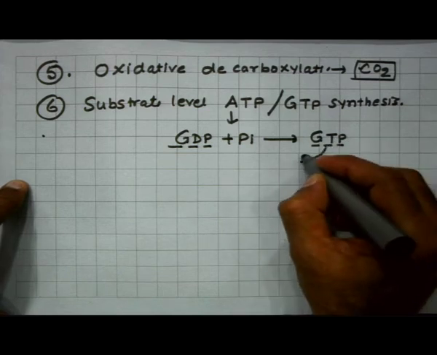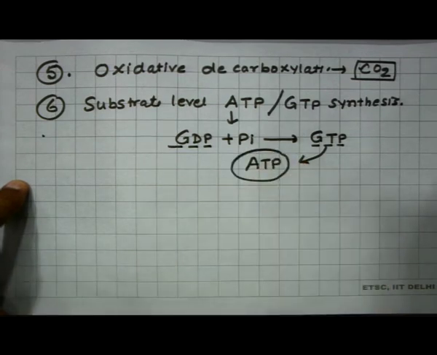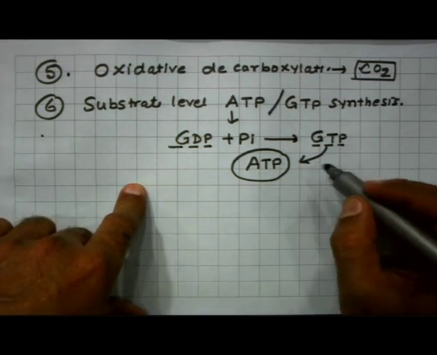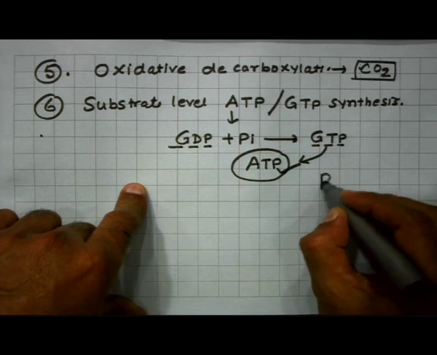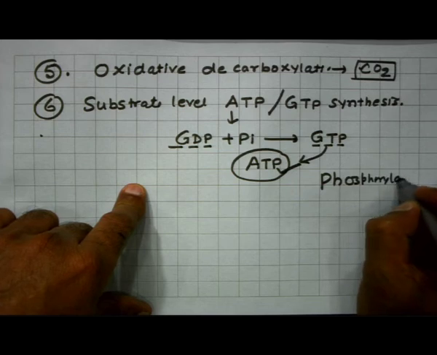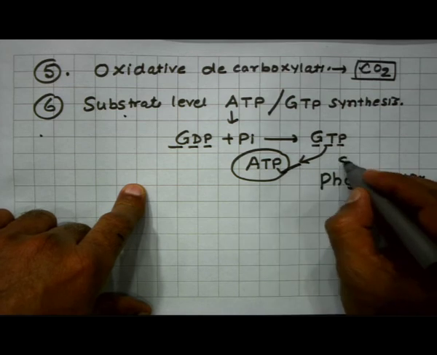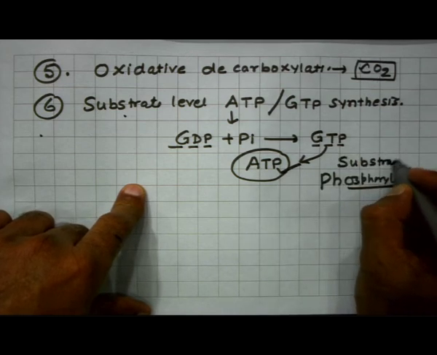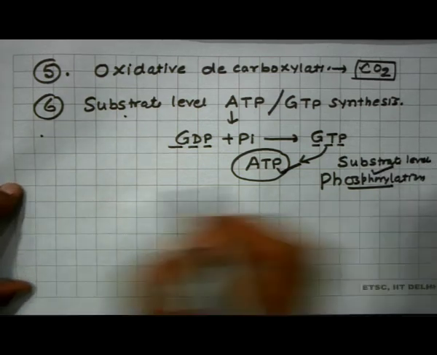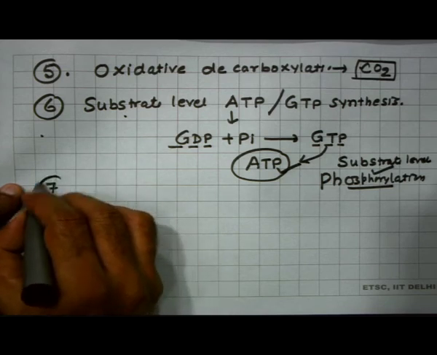This GTP is again converted into ATP. Wherever there is formation of ATP, that process is called phosphorylation. Here the substrate forms the ATP, so this is called substrate level formation of ATP. 2 GTP is formed, which is finally converted into 2 ATP.